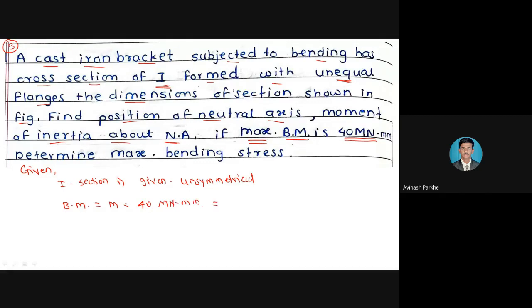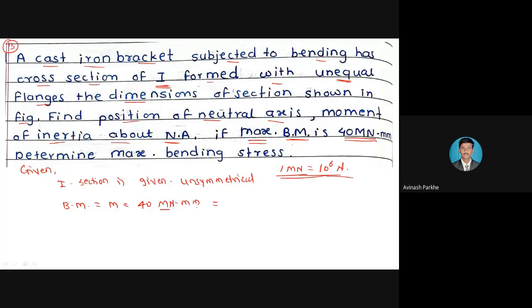But I have to convert that particular value into Newton mm. How to convert meganewton to Newton? What is the multiplying factor? 10 raised to 6. Please keep in mind, 1 meganewton is equal to 10 raised to 6 Newton. Just note this important thing in your notebook.